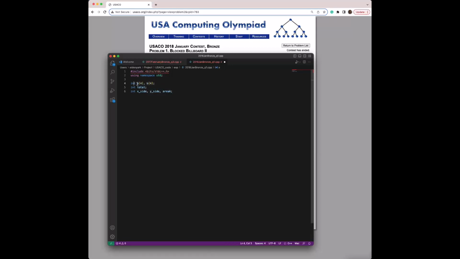So we're just going to be storing our coordinates in these two arrays. The A array will have all of the coordinates of the good billboard, which will be inputted second, and then the B array will take in the coordinates of the bad billboard.